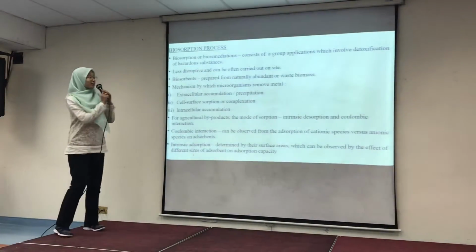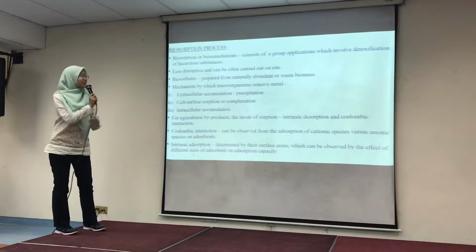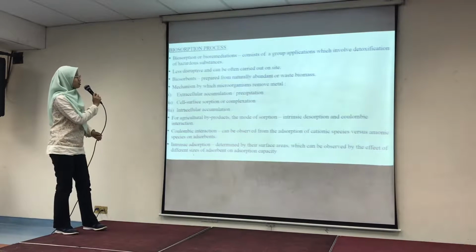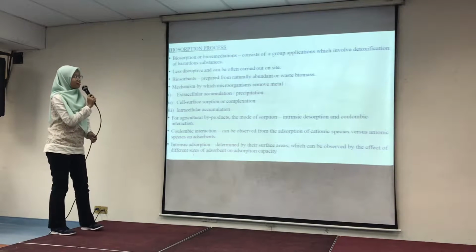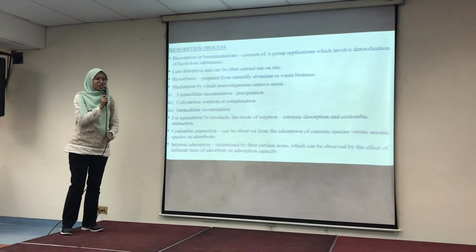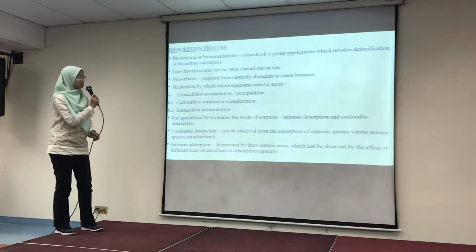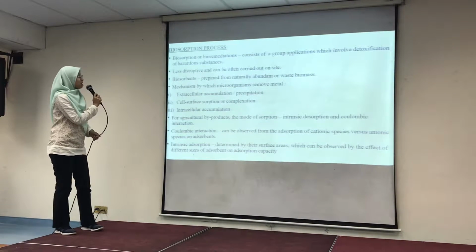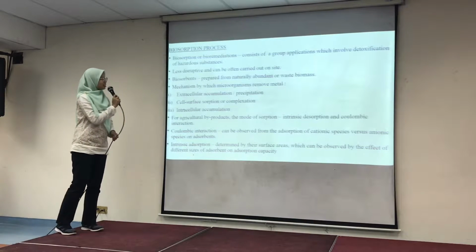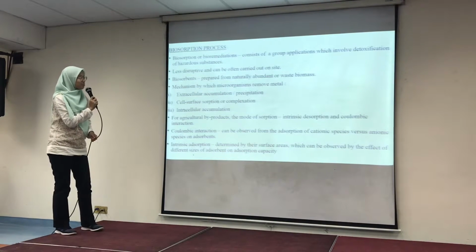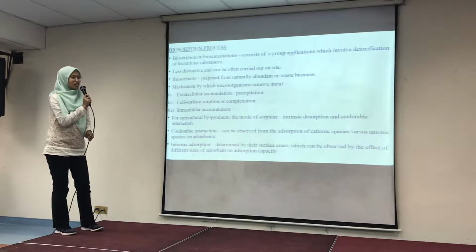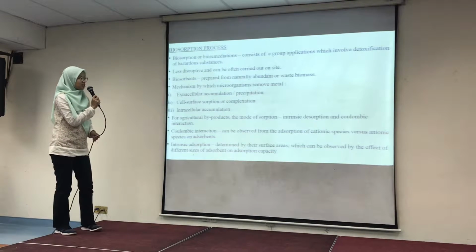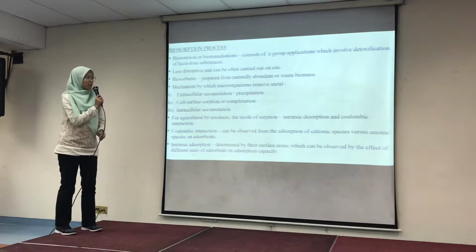Okay, next, the biosorption process. This biosorption or bioremediation process consists of a group of applications which involve the detoxification of hazardous substances. This process is less disruptive and can often be carried out on site. These biosorbents are prepared from naturally abundant or waste biomass.